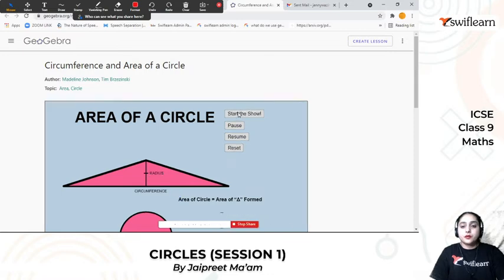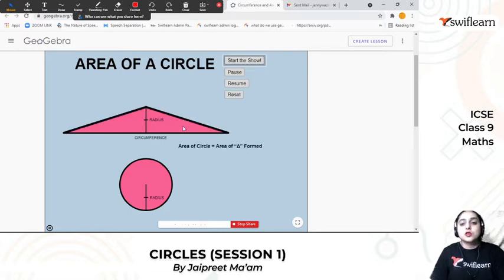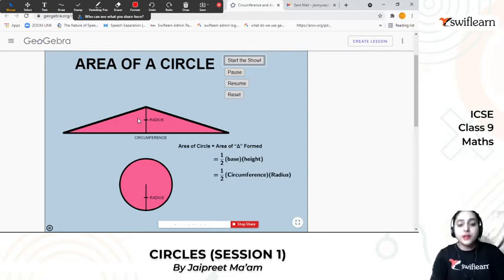So this is a circle and this is the circumference of the circle. If we cut it from here and it becomes a straight line, this whole distance is known as the circumference of a circle.